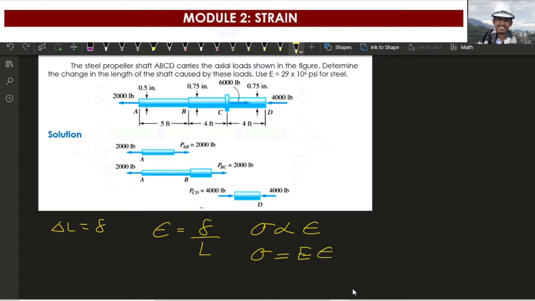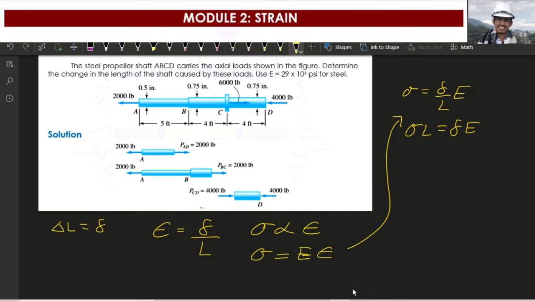And the strain is equal to the elongation over L, times E. To get the elongation, we just use our equation. Cross multiply: stress times the length is equal to the elongation multiplied by the Young's modulus E. And we said the stress is equal to P over A.